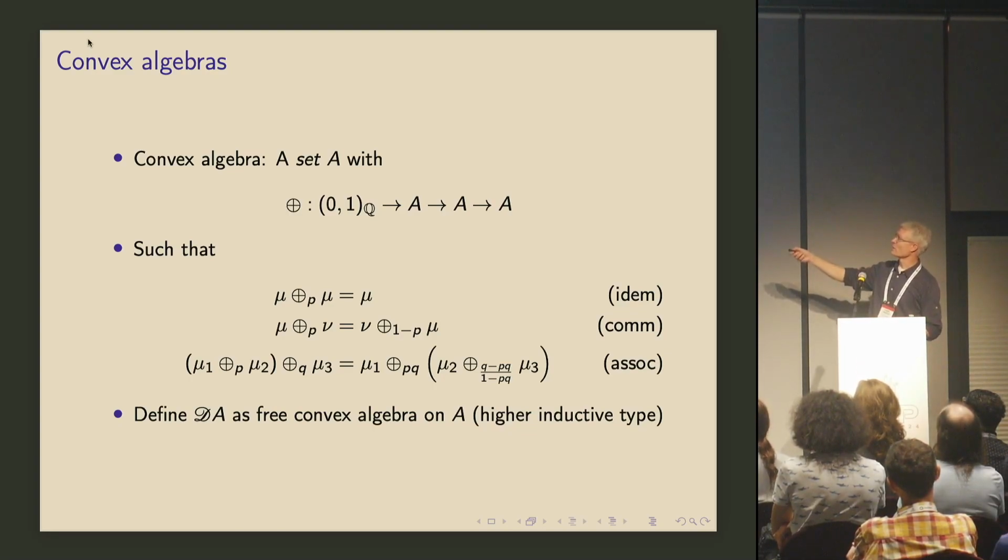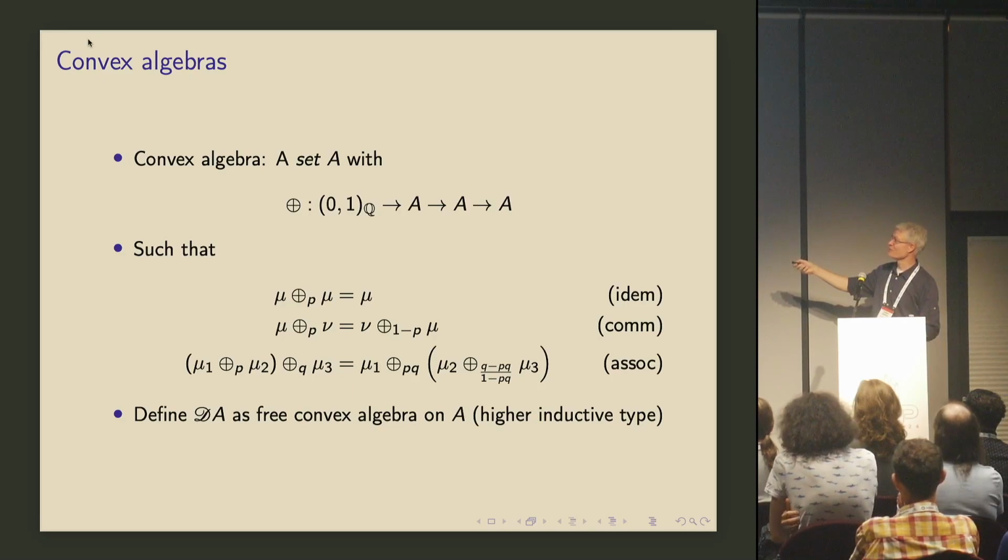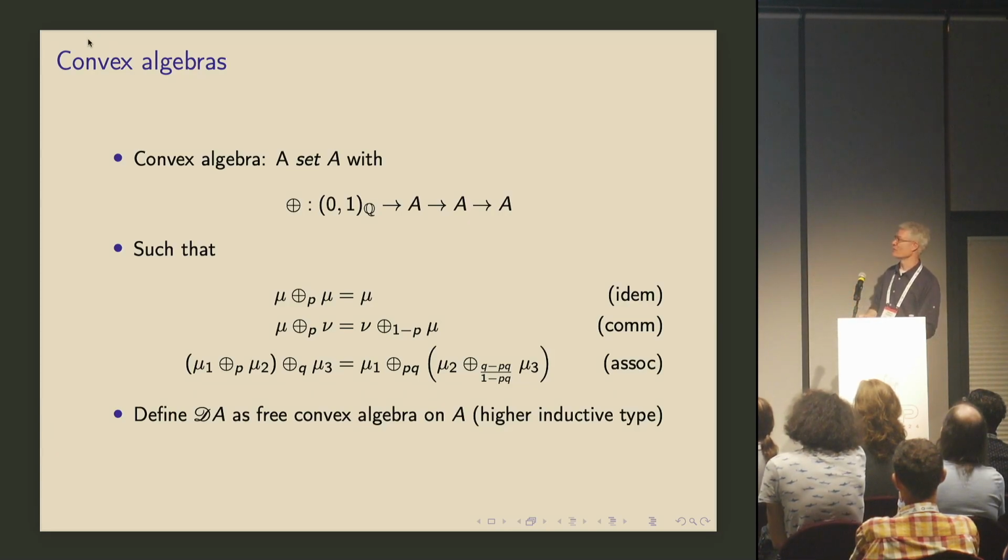A convex algebra is one that has these operations and satisfies these equations. Idempotency: if I either do mu or mu, then that's the same as doing mu. Commutativity: if I do mu with probability P, nu with probability 1 minus P, then that's the same as doing nu with probability 1 minus P and mu with probability P. And then associativity, and let's not spell that one out.